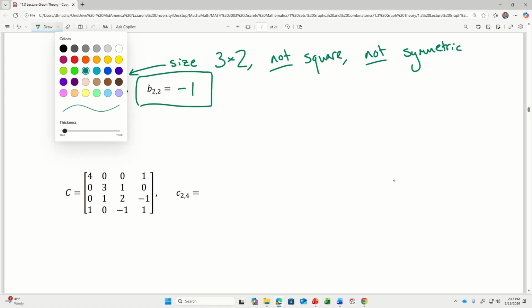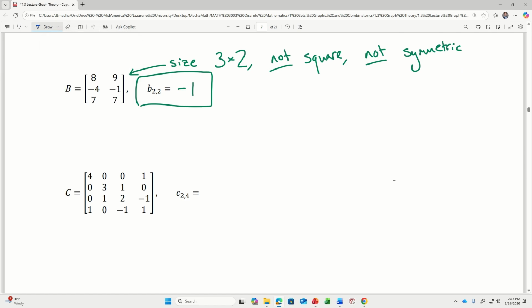Okay, and then this is my last example here. Let's say the size is 4 by 4. It's square. Antonio, is this symmetric? Yes. It's symmetric, and notice we don't care what's on the diagonal. The diagonal is the entries that go from top left to bottom right, 4, 3, 2, 1.